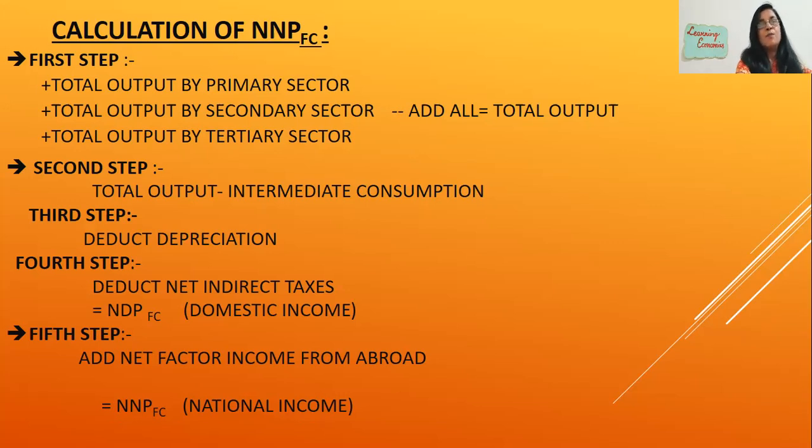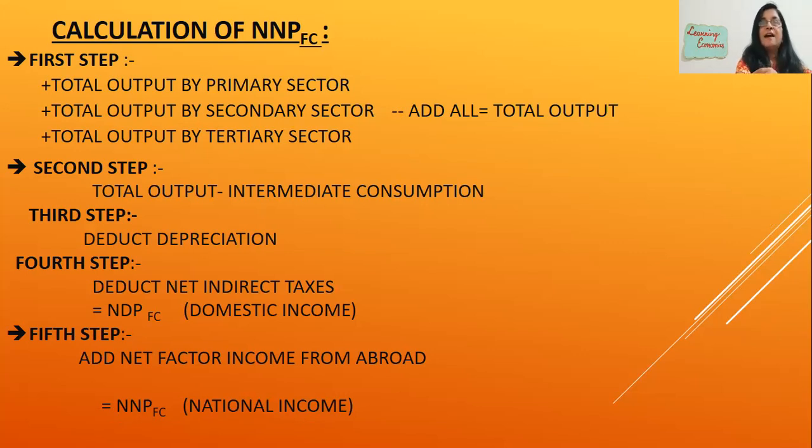And we take the output of all the 3 sectors: total output by the primary sector, total output by the secondary sector, and total output by the tertiary sector. We add all the 3 outputs, and then we get total output.